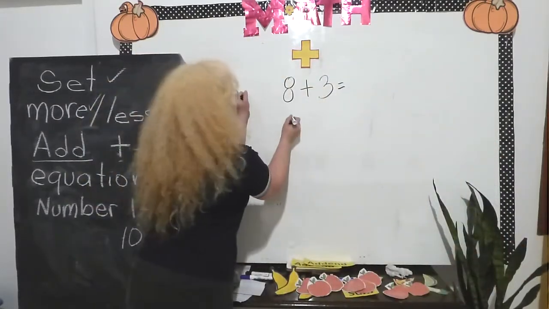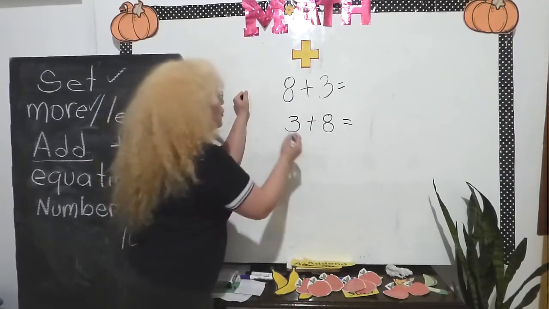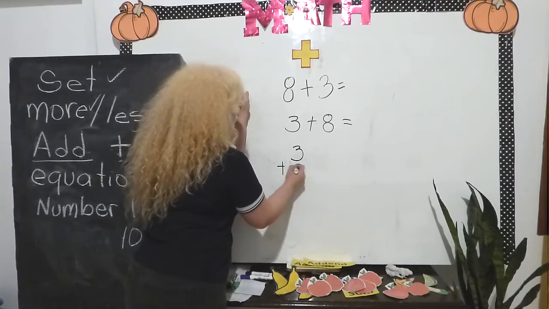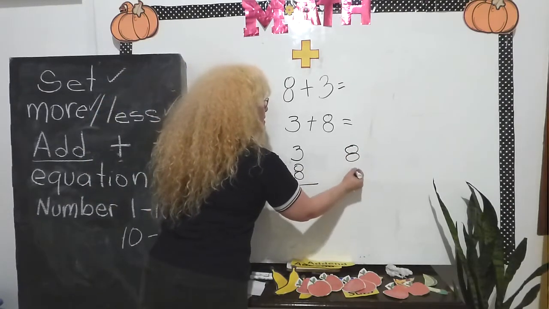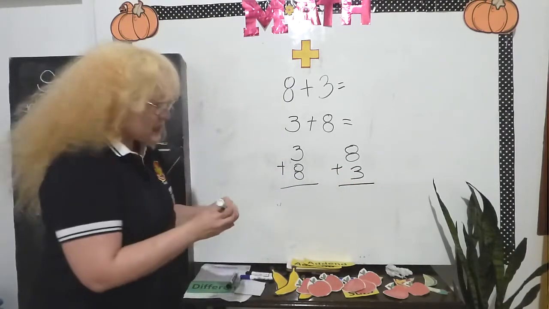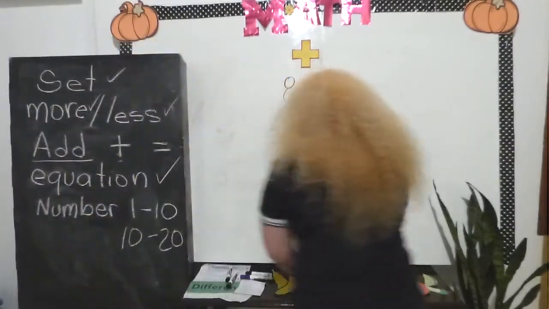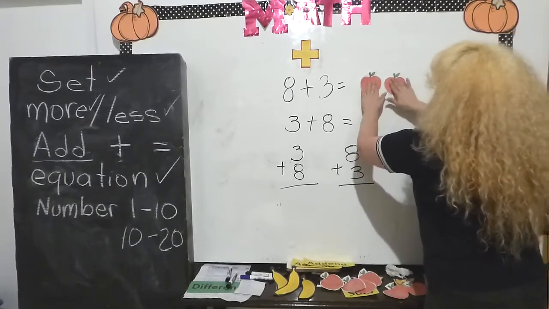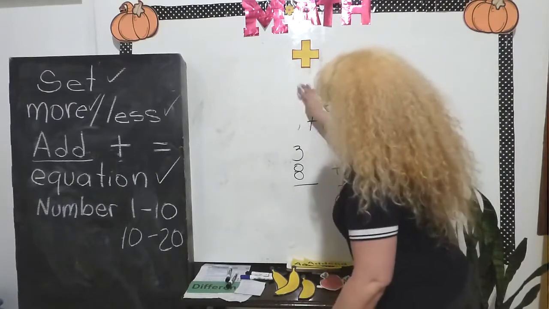You can put it like this, 3 plus 8, or in your notebook, you can put it like this, 3 plus 8, or 8 plus 3. It's the same answer when you are adding. And I will use my apples to show you.